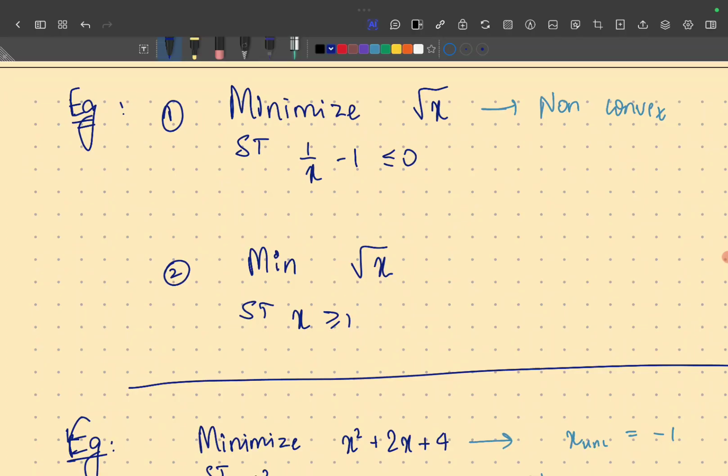So you can use this whole approach even if the problem is not convex. But you have to be careful. If you know that strong duality holds, then fine. If not, then all you can conclude is that it's a lower bound.